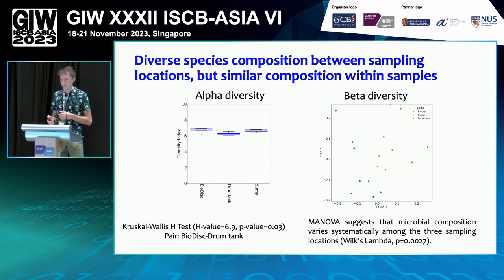And so to this point, from the sampling locations that we examined with the samples that we had, the take-home for the alpha diversity, which is the intra-sample diversity, is that they have a relatively similar composition within the samples. But more interestingly, when you look at the sampling locations themselves, they have much more diverse species composition, which you can see on the right side here with the beta diversity plot.